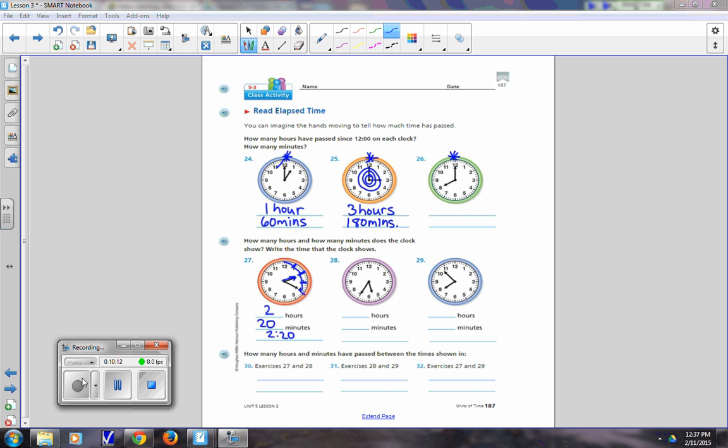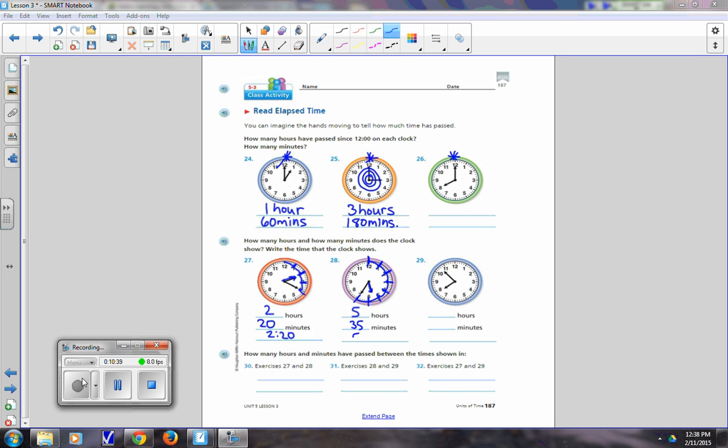Again, the short hand is here, but it's not quite to the 6. It hasn't gone past the 6. So you know that only 5 hours have gone by. And if I were starting at the top of the hour, I would go 5, 10, 15, 20, 25, 30, 35 minutes.